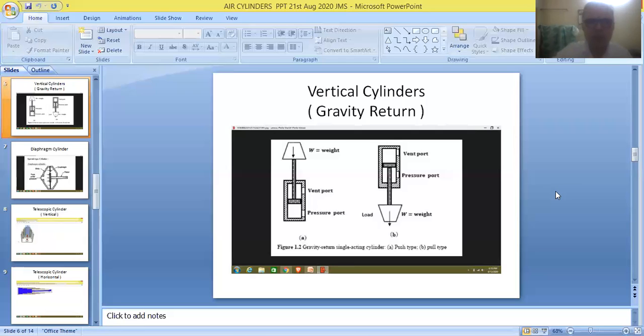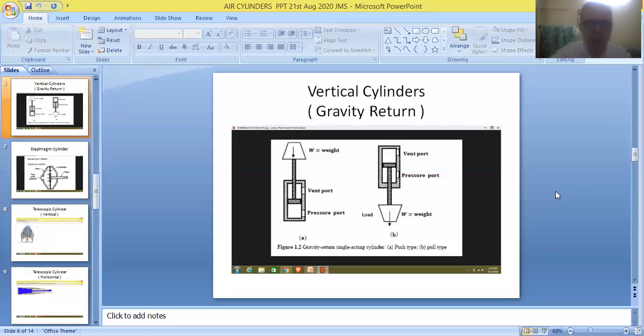Therefore, they are referred to as push type cylinders. And friends, similarly here, this load is coming below the cylinder, and we are providing the pressure port at this particular point. Fluid will be entering the cylinder through this port, and it will be exerting pressure on the piston in the upward direction. When the piston moves upward, the load will also be moving upward.